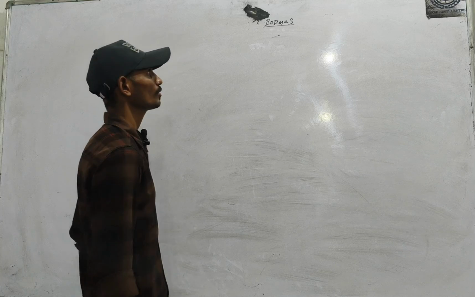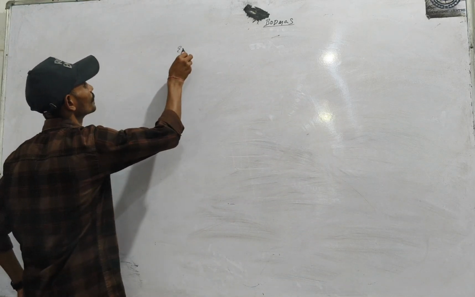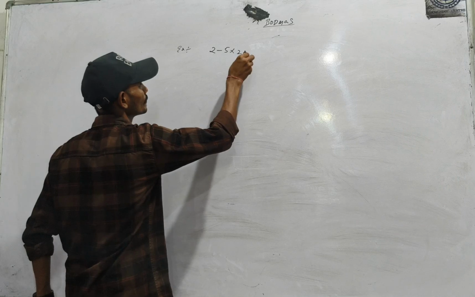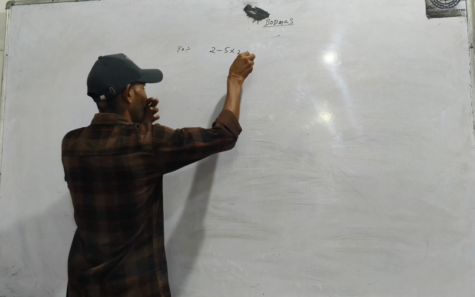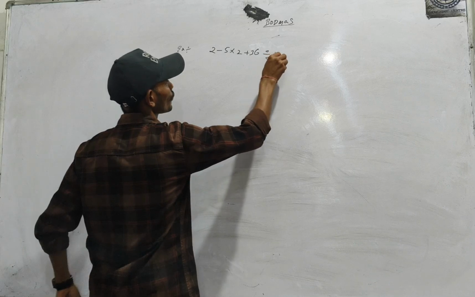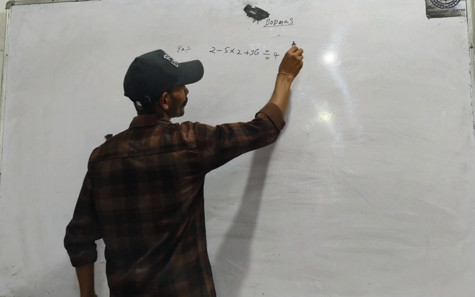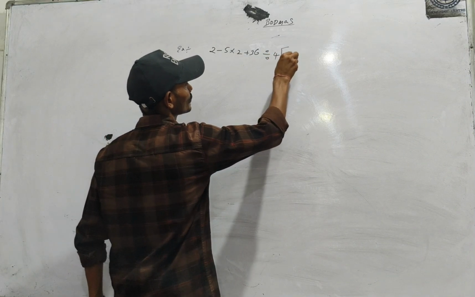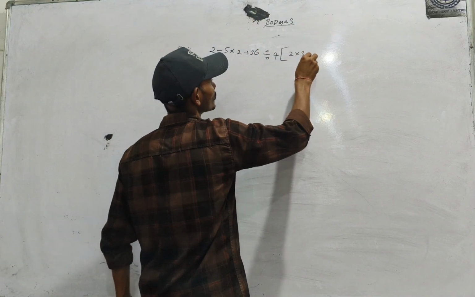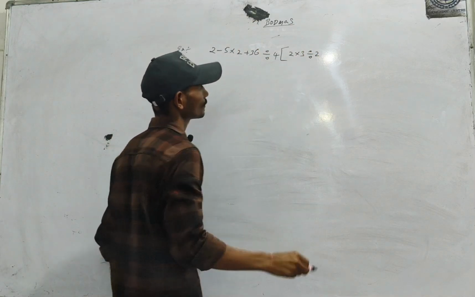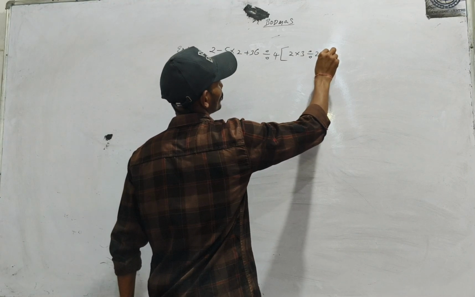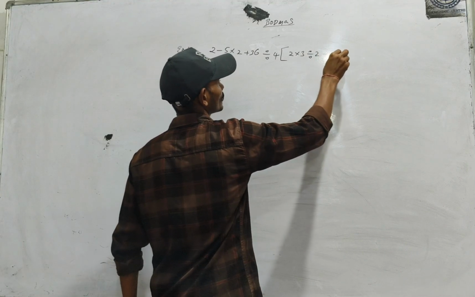Now take one example: 2 minus 5 into 2 plus 36 divided by 4, half, 2 into 3 divided by 2, minus 8.